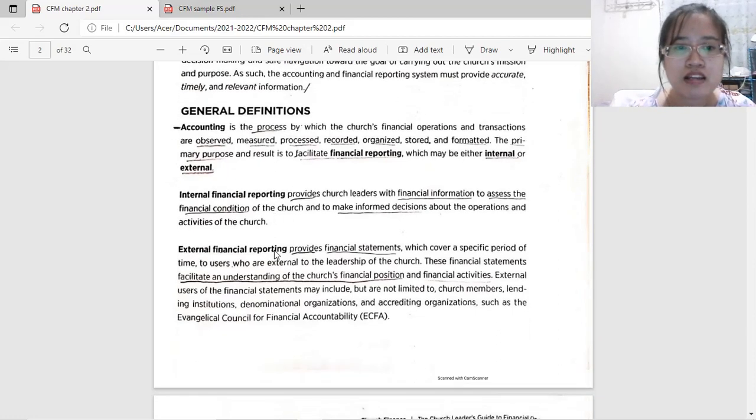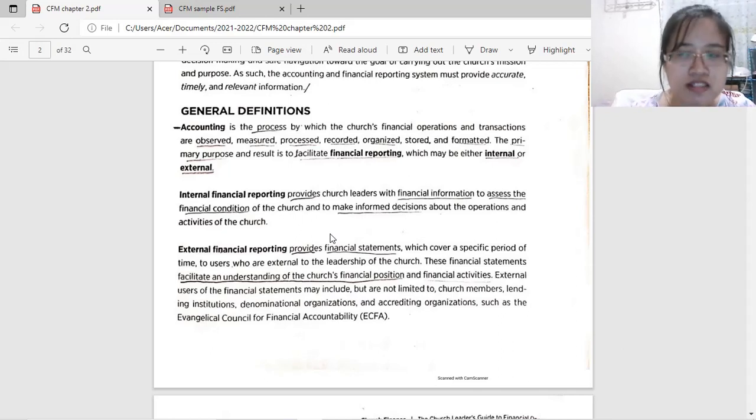Okay. In the case of external financial reporting, here in the Philippines there are certain requirements for a nonprofit organization to submit annual financial statements, and normally they have to be audited. Okay, so AFS, audited financial statements.